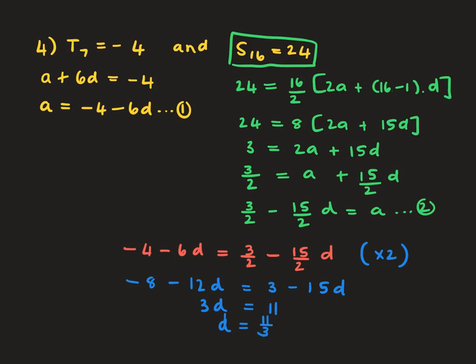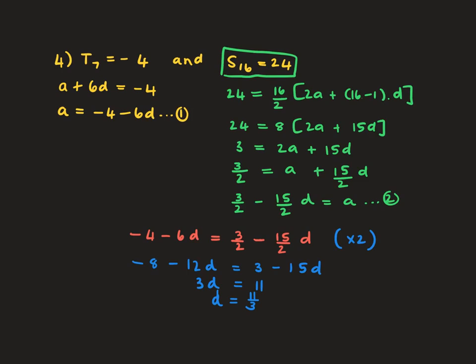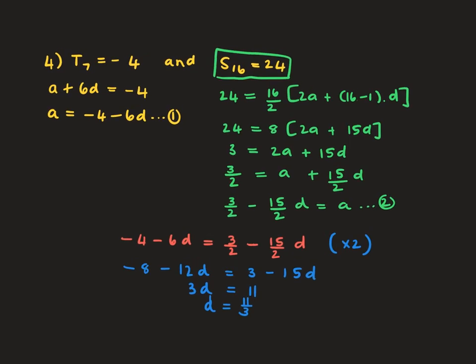And I'm pretty sure that if you get an answer of your constant difference being 11 over 3, you think perhaps you've gone wrong somewhere. But back yourself, keep going. Let's see. What did they want us to find? The first term and the constant difference. So we found d. To solve for a, I'm actually going to come back up here. So a will be negative 4 minus 6 times 11 over 3.